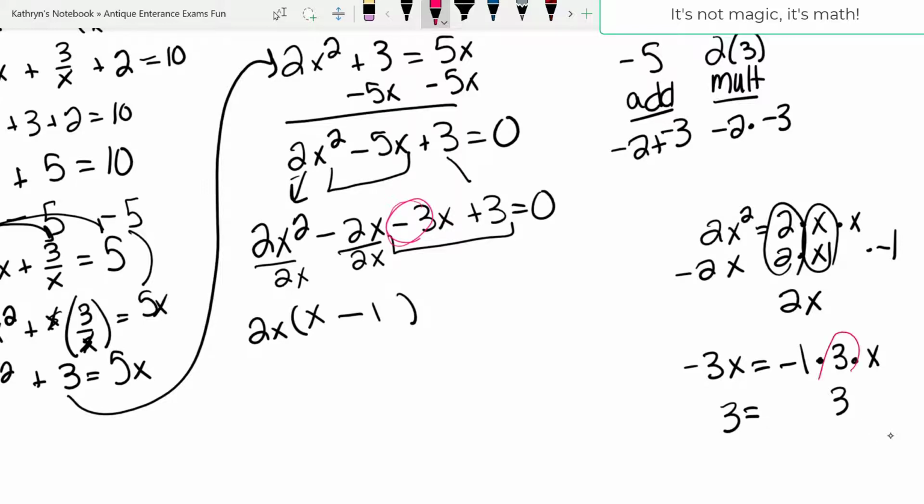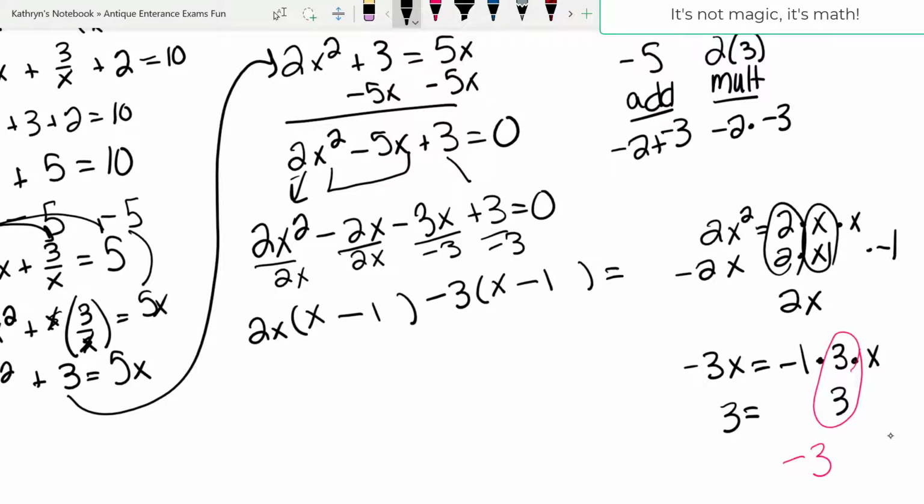So even though our greatest common factor is 3, because of this right here, we're going to actually take out a negative 3. I'm going to write negative 3 parentheses, and now I'm going to divide each piece by negative 3. We have negative 3x divided by negative 3 is x. 3 divided by negative 3 is negative 1, and it equals 0.